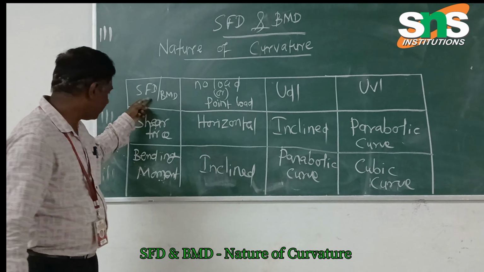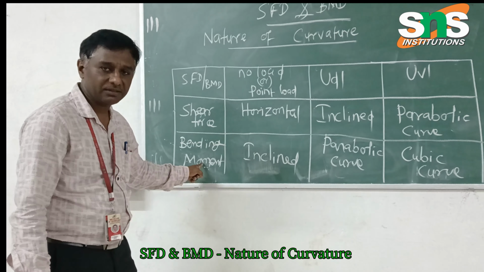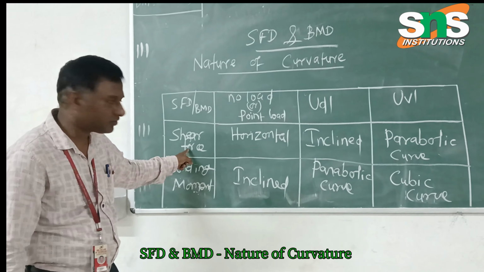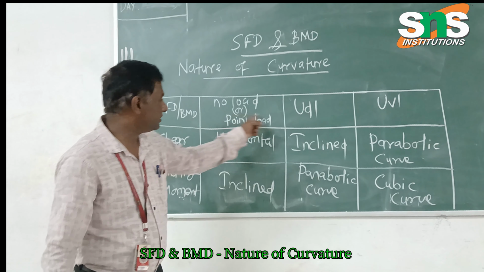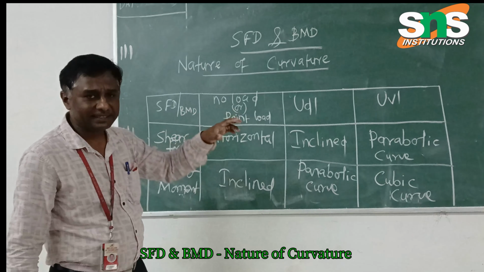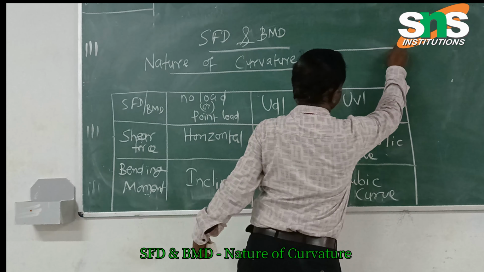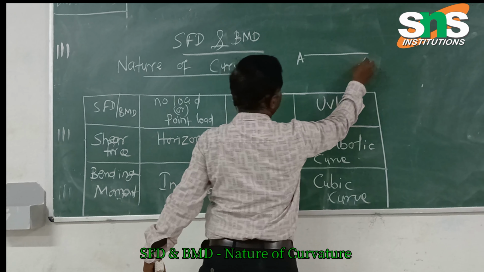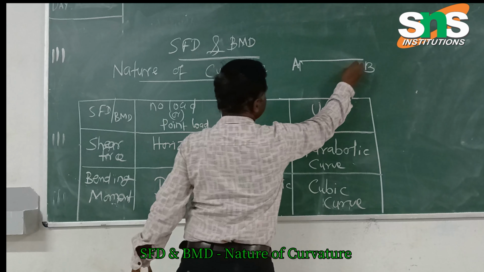And here in the left corner I have given whether it is shear force or bending moment. When we are going to draw the shear force diagram, how does the curvature follow with respect to the loads? Okay, so no load. Let's take one region, A, B. The beam having supports.